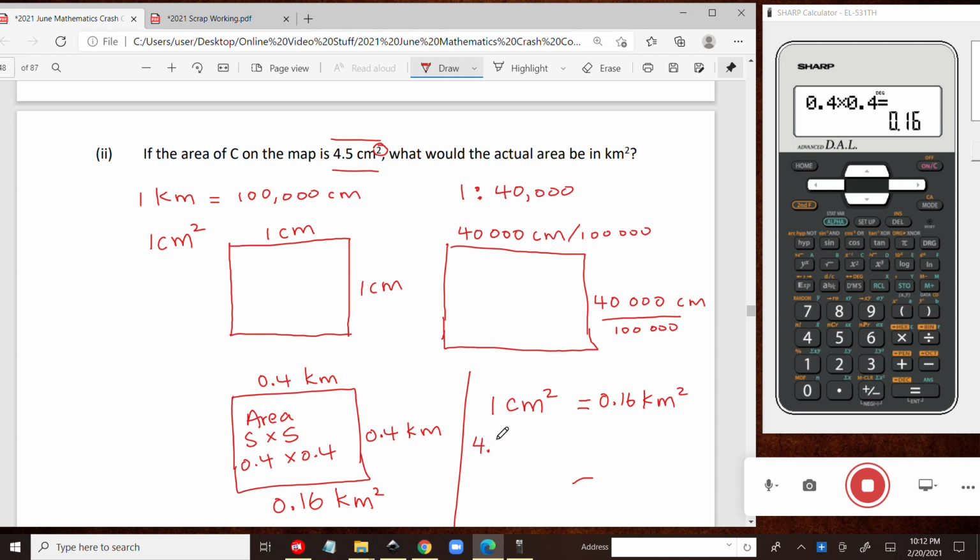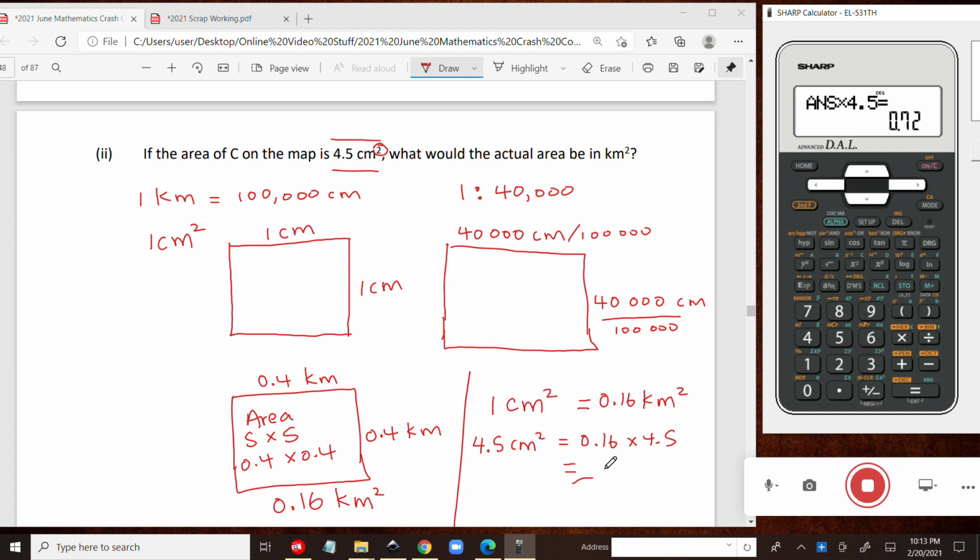So if I have 4.5 centimeters squared, every 1 centimeter squared represents 0.16 kilometers squared. So if I have 4.5, I just need to take the 0.16 and multiply it by 4.5. And that will be my answer in kilometers squared.